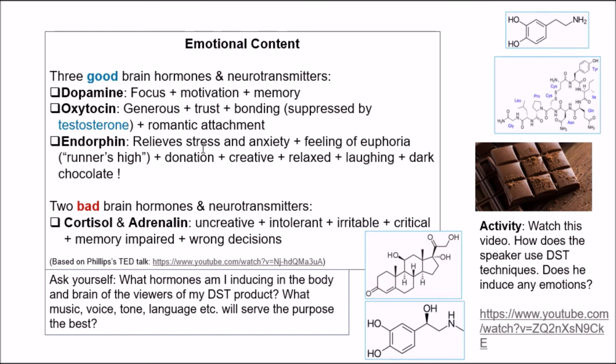One of them is the one on top, which includes dopamine, oxytocin, and endorphin. So dopamine, which has a chemical look like this, a molecule like this, is responsible for creating focus, motivation, and memory. So if I'm making a digital story, one of the most important effects that I want to bring about is to get the audiences to focus on the content of my digital story.